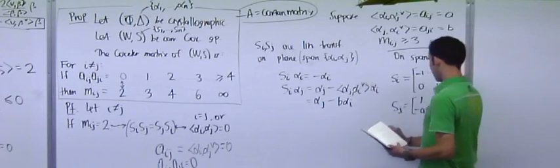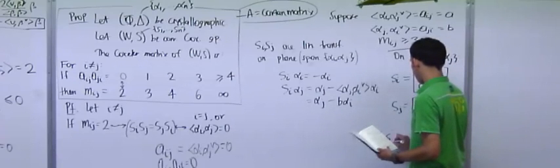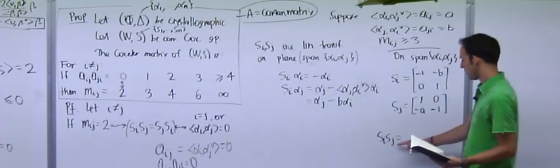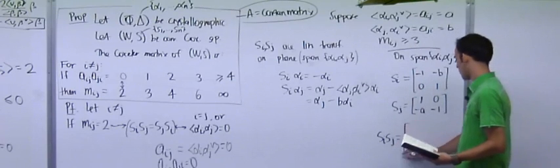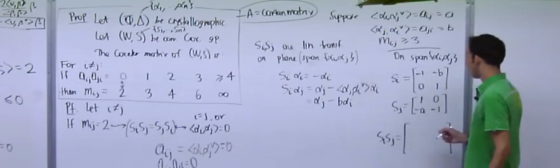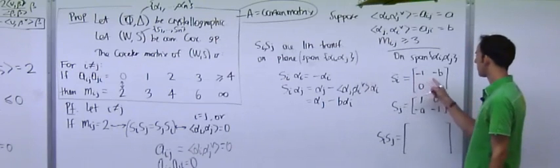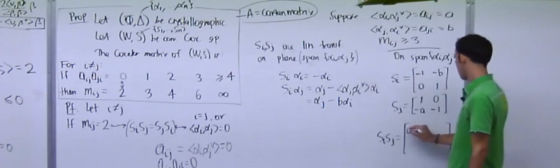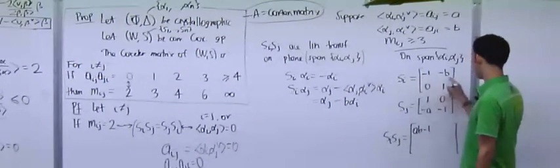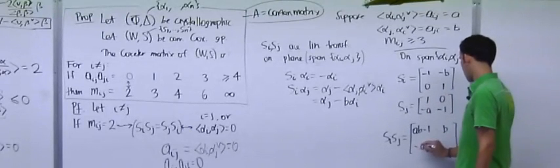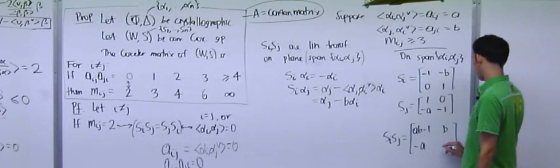And then what does S_i S_j do? Well, what you do is you just multiply these two matrices, right? That's how you compose linear actions if you have matrices. So you multiply this and you get minus 1 plus AB, B, minus A, minus 1.